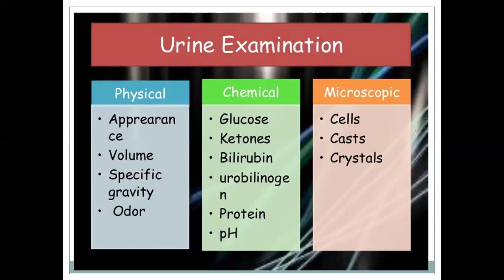In normal individuals, blood glucose level does not rise above 150 milligrams per deciliter.